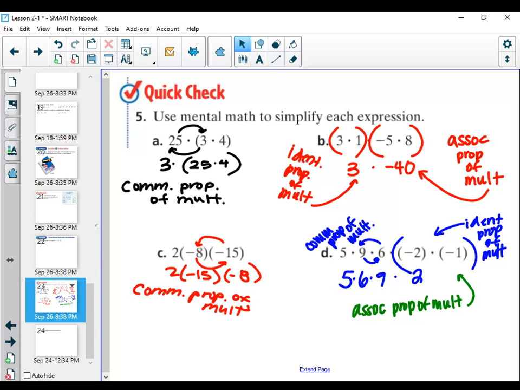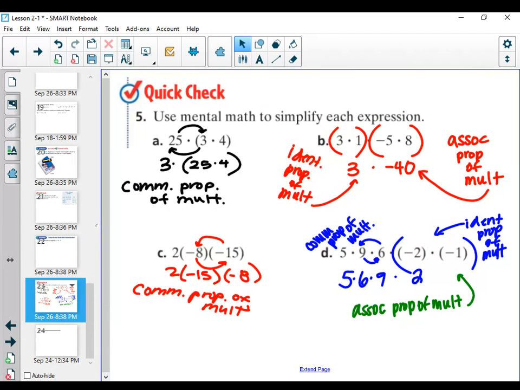Part A, I use the commutative property to switch the order. Part B, I use two rules. I use the identity property, 3 times 1 stays 3, and the associative property to make a new group. C, I use the commutative property. 2 times 15 goes a lot better together than 2 times 18 with a 15.